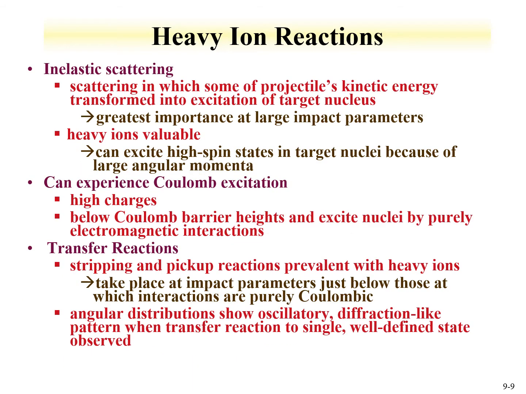With heavy ion reactions, we can have inelastic scattering, and in this case, some of the projectile's kinetic energy is transferred to excitation energy in the target nucleus. This means some of the energy from the projectile can go into exciting the nucleon states within the target.